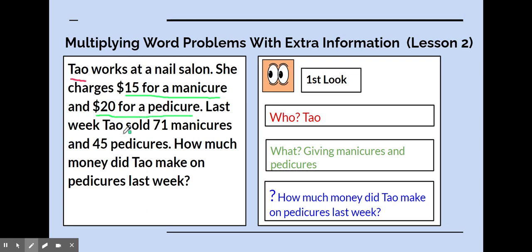Last week, Teo sold 71 manicures and 45 pedicures. And then we should also notice our question. How much money did Teo make on pedicures last week?